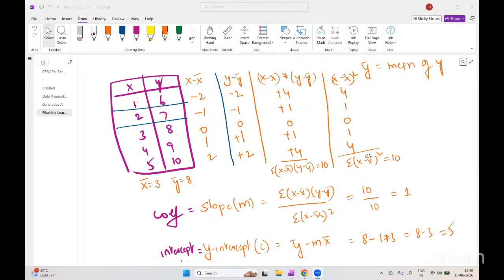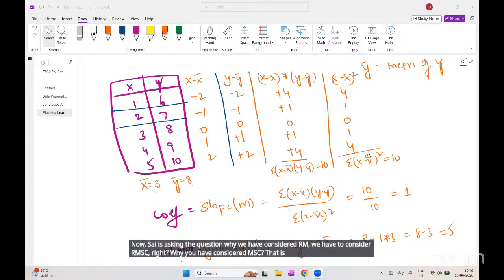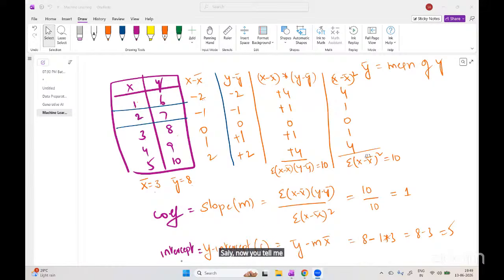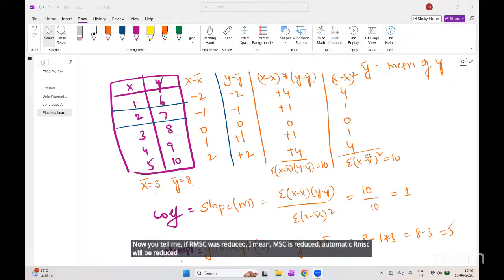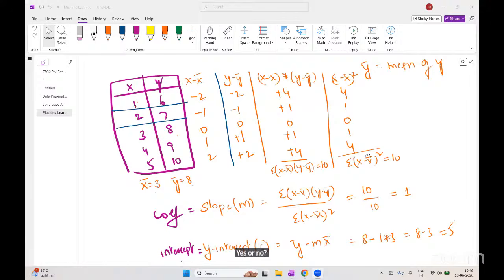Now, Sai is asking the question: why have we considered MSE, we have to consider RMSE, right? That is the question by Sai. Sai, now you tell me, if MSE is reduced, will RMSE automatically be reduced? Yes or no? Simple. Now I'm focusing on MSE, but indirectly I'm focusing on RMSE only.